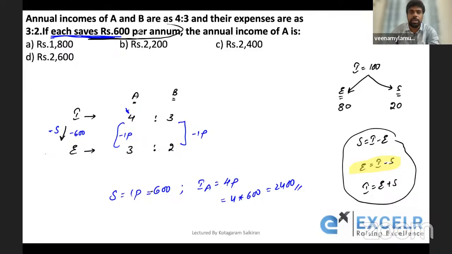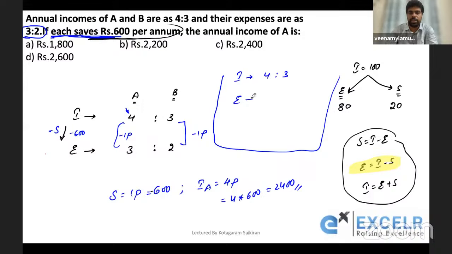Expenditure he gave you here is 3:2. Read the question first so that you'll get a clear idea. This is a very simple question. The income ratio is 4:3 and the expenditure ratio is 3:2. From income, if you subtract savings, you'll get expenditure.